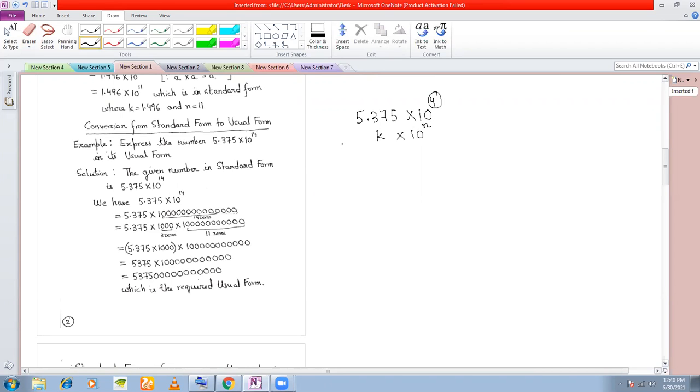So once I know that this is in standard form, how will I convert this to my usual form? This requires your basic knowledge of decimals. 5.375 into 10 to the power of 14. You can write this as 5.375 into 1 followed by 14 zeros.